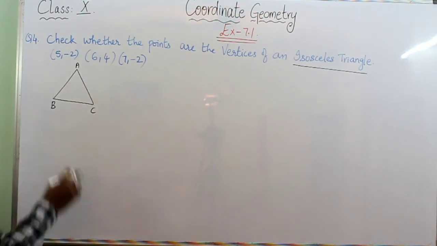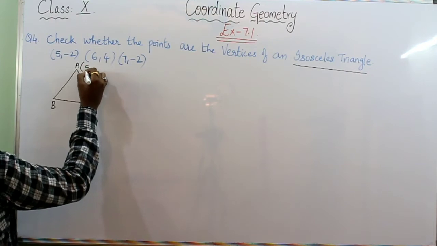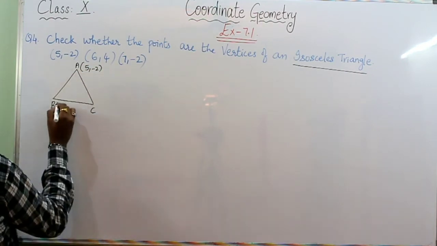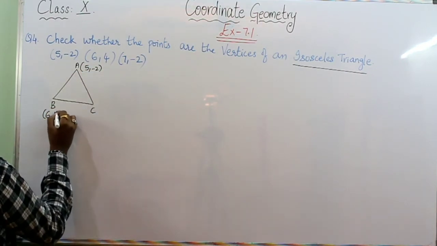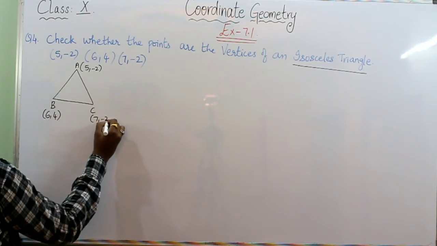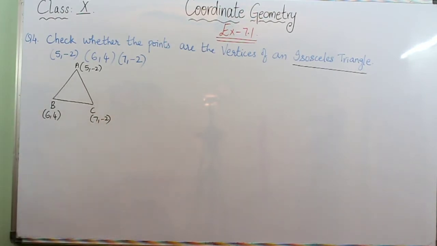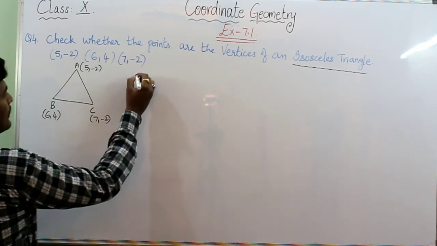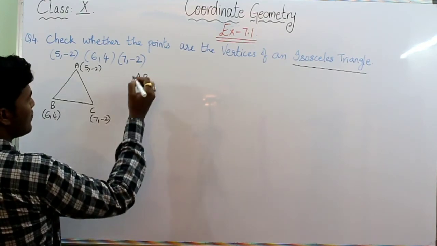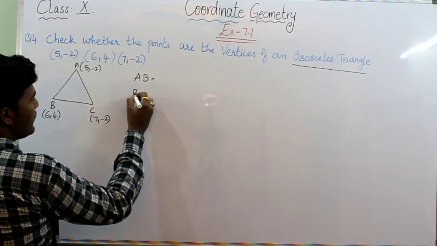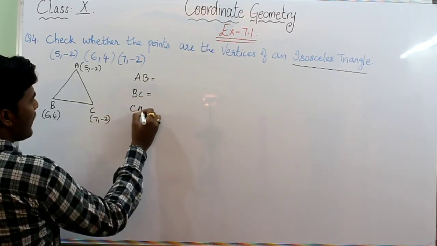Let us name these points as A 5 comma minus 2, B 6 comma 4, C 7 comma minus 2. So in order to prove this as an isosceles triangle, we need to find the distance of AB first, then BC, then CA.